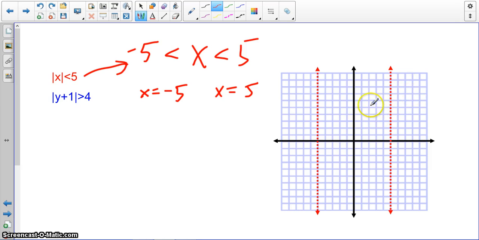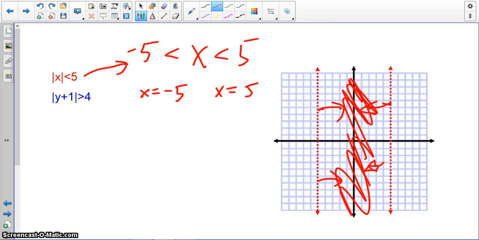You don't really shade between until you look at all the inequalities. So you don't need to draw these arrows. You just need to mentally know that anything that's going to be shaded is going to be between these two lines. And that's the worst arrow ever. But yeah, it would be this right here. This is what you would shade. Okay, undo, because I don't want to shade that yet.